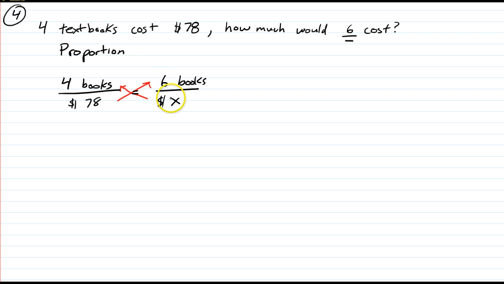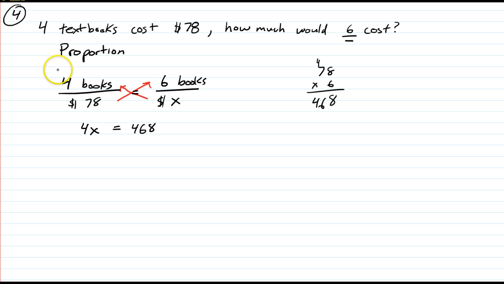So I get x times 4, which gives me 4x, and then 78 times 6, and off to the side I just need to multiply that. That gives me 468.